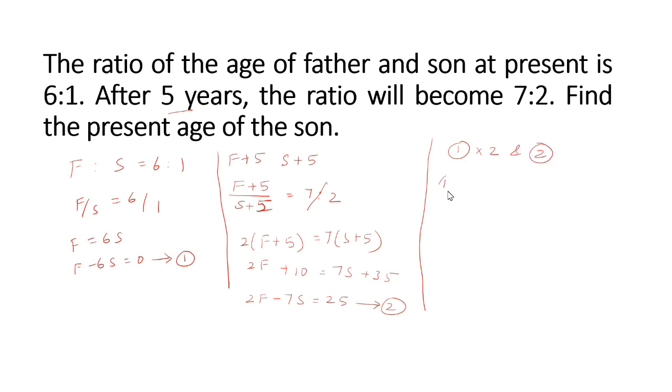Then equation 1 becomes 2F minus 12S is equal to 0 and equation 2 becomes 2F minus 7S is equal to 25. Therefore, the age of the son is 5 years.